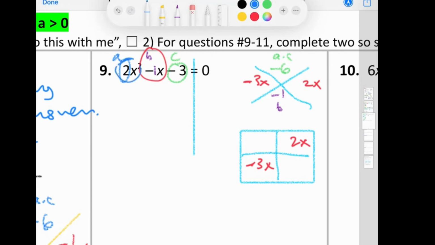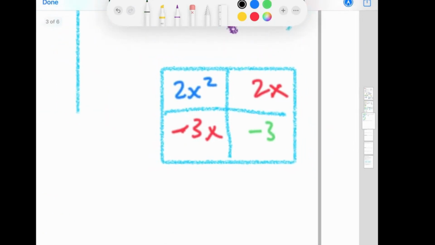This blue term here, 2x squared, and the c value, -3. What does the top row have in common? 2x. Bottom row has a -3 in common. Top column here has x in common, and then this one has a +2.